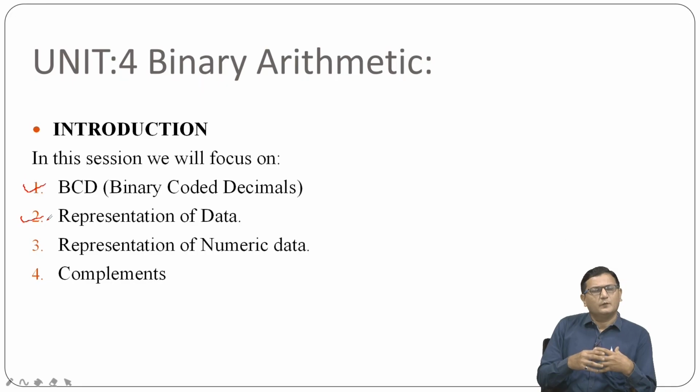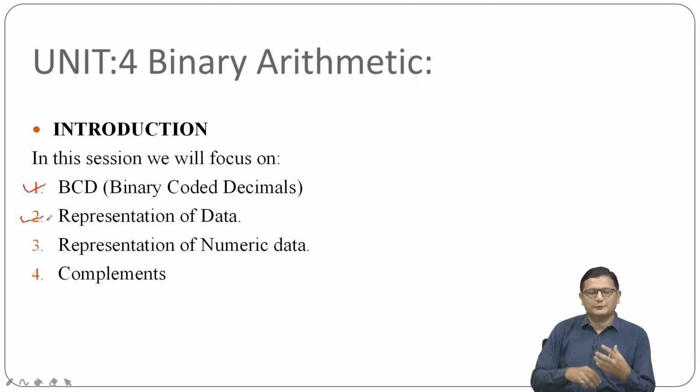But once we learn this, I think a question will arise in your mind. Sir, how do ABCD or my name get stored in the computer's memory? Here in this topic I will try to answer that question.